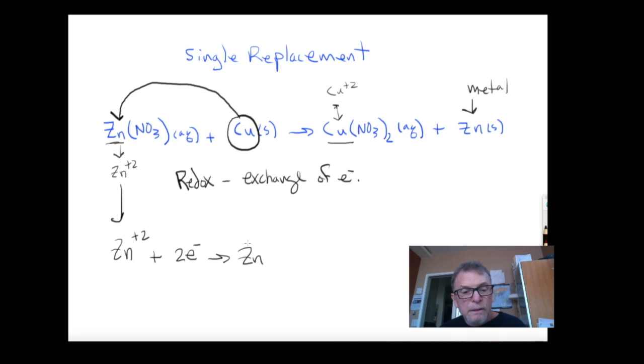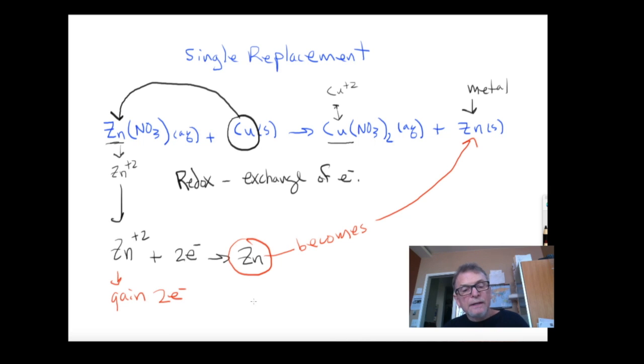So it becomes zinc metal here, and it had to gain 2 electrons to do that, right? It goes to zinc 0.